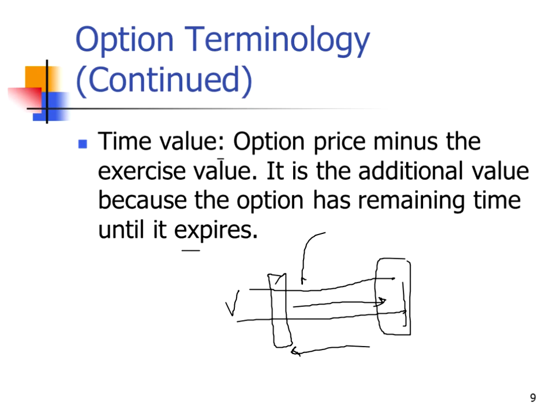For example, if the difference is not in your favor, then you know that this will expire as a 0 value option. For example, in any football game or baseball game, in the first quarter, you have a lot of time to make up for the score.